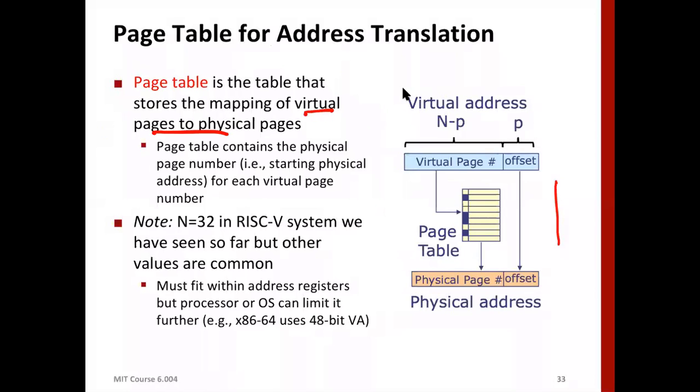Okay, so we get this virtual address from the process, and the page size is 2 raised to the power p. So we need p bits to represent a page. Then the remaining bits, n minus p, is the virtual page number. Now for each process we have a table called a page table.